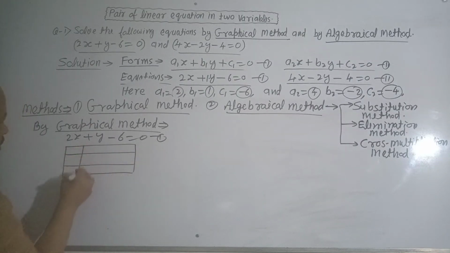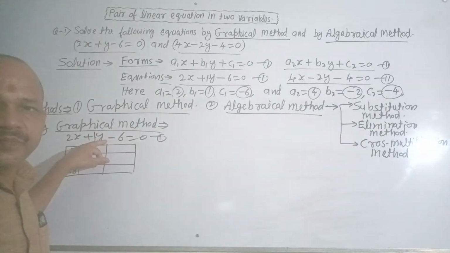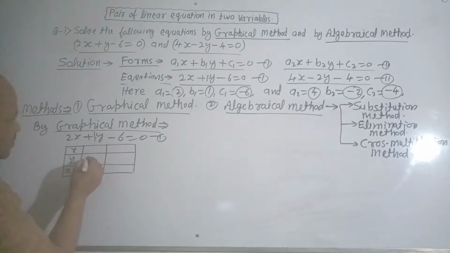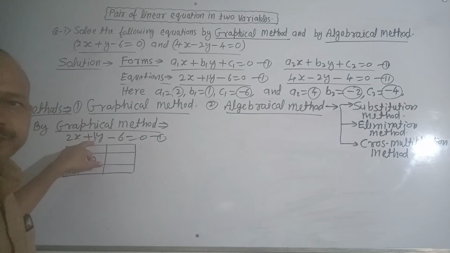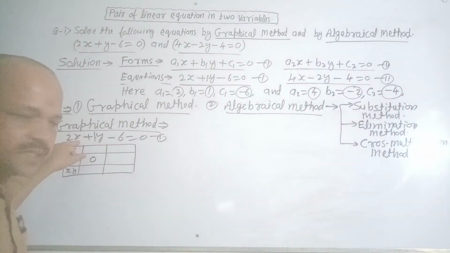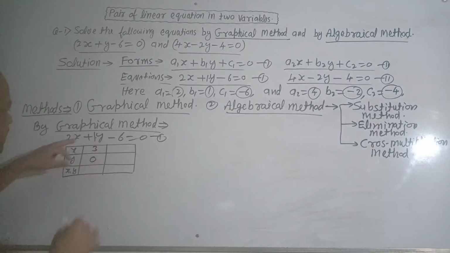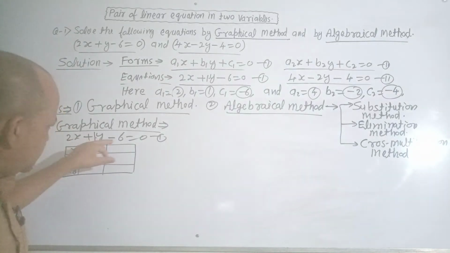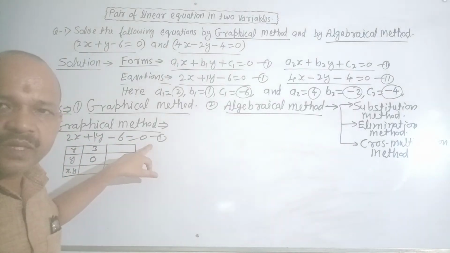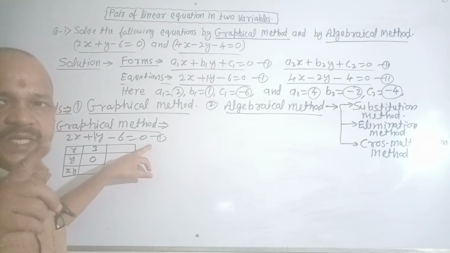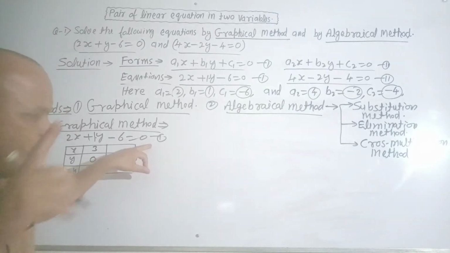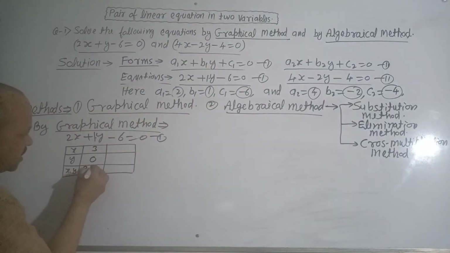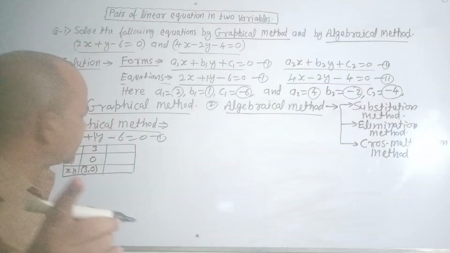We find two solutions, x, y. Here, you can put the value of y as 0. Then 2 times x, where x is 3, becomes 6, plus 0 minus 6 equal to 0. It means it satisfies the first equation. Your coordinate is 3, 0.